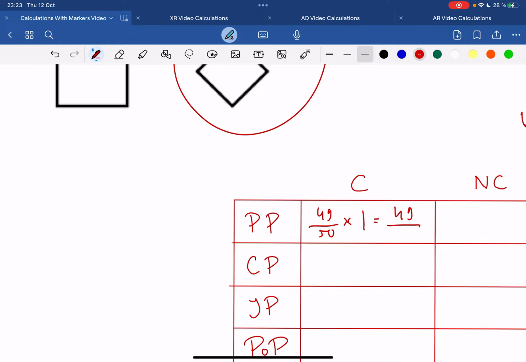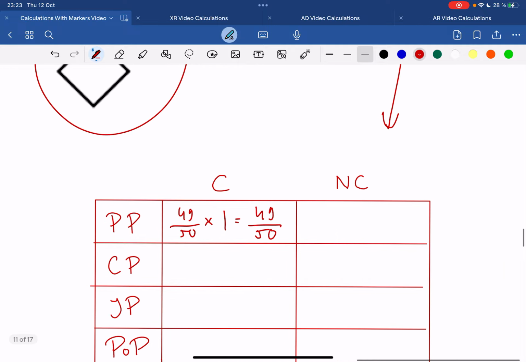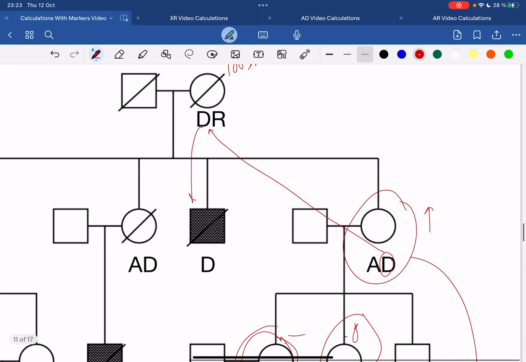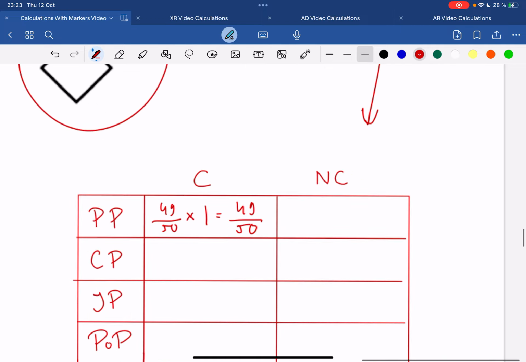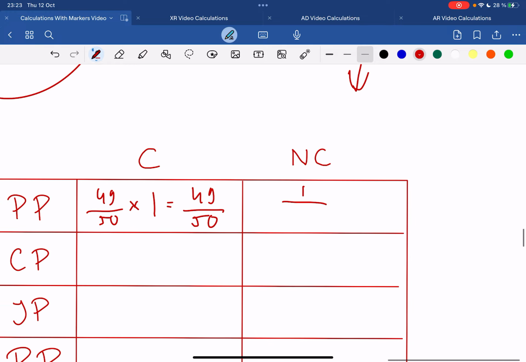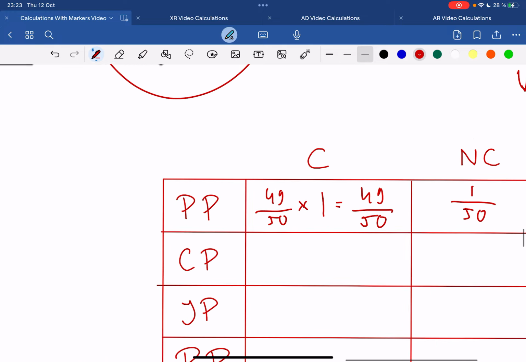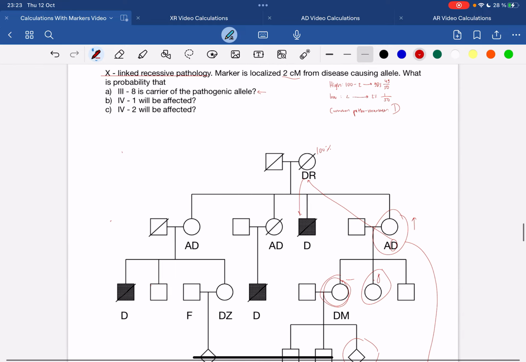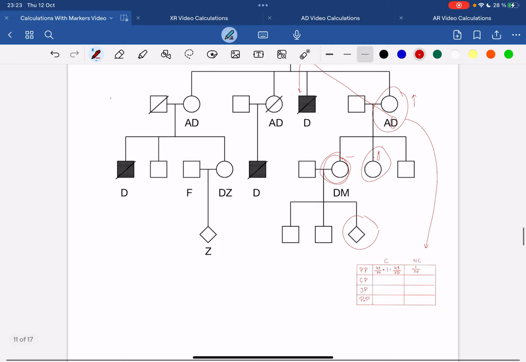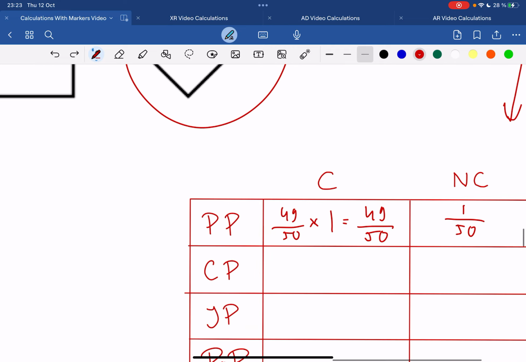That is equal to 49/50. For non-carrier, we would have 1 minus 49/50, which is 1/50. Conditional probability is 1/2 to the power of the amount of healthy sons, and we only have one healthy son here, so it would be 1/2 to the power of 1, which equals 1/2.